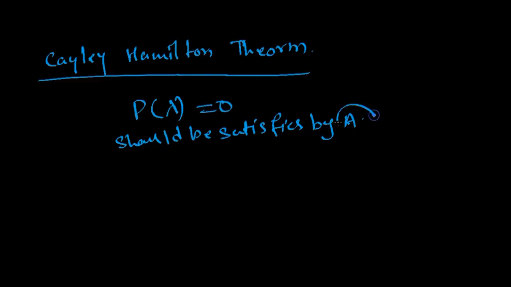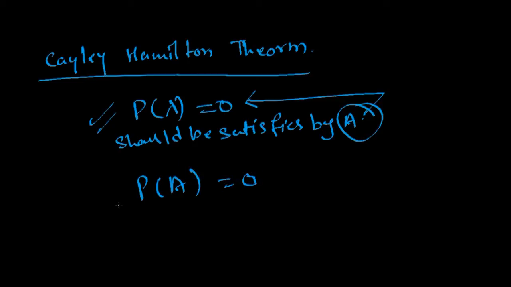So if A is a square matrix, it will definitely satisfy this characteristic equation. It means that P of A will be equal to 0.